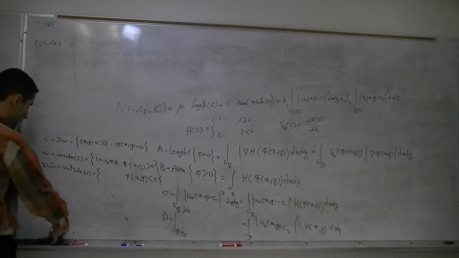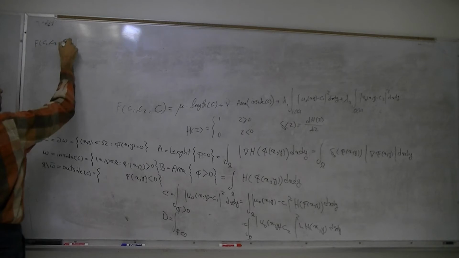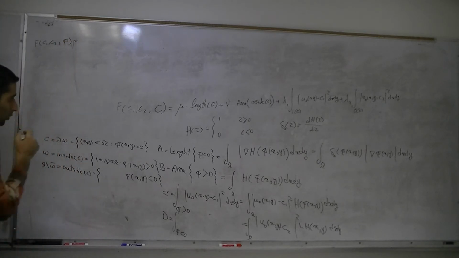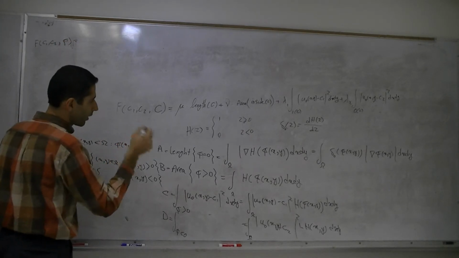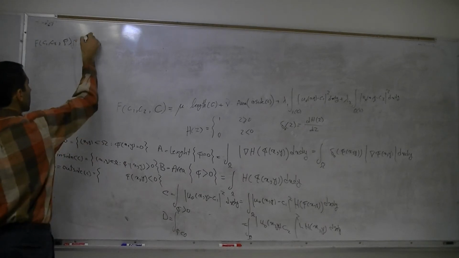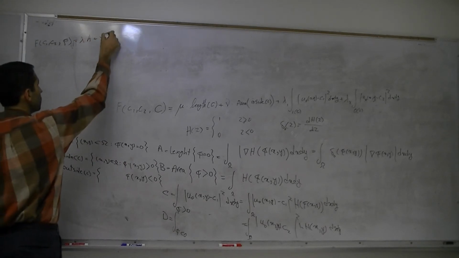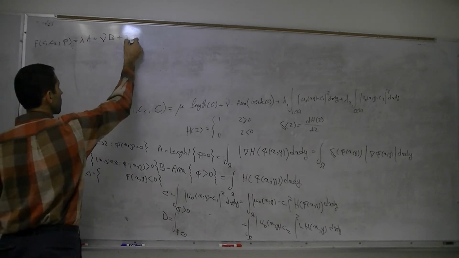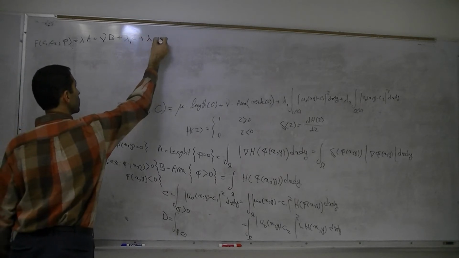Let me change it to phi. It is equal to lambda A plus nu B plus lambda 1 C plus lambda 2 D.